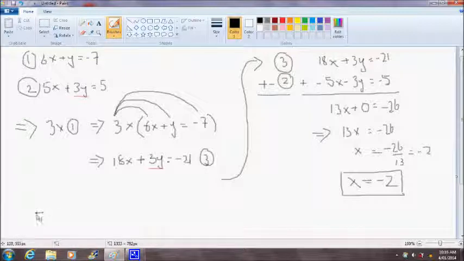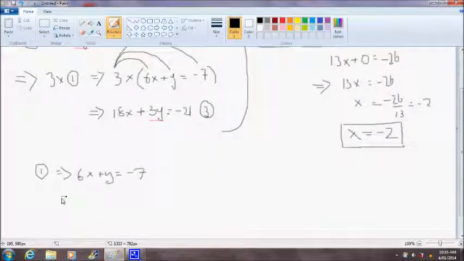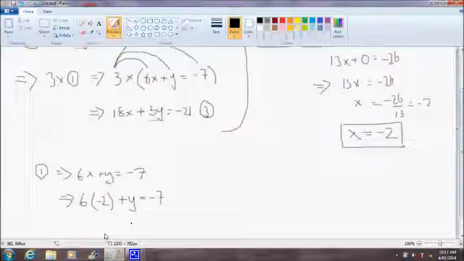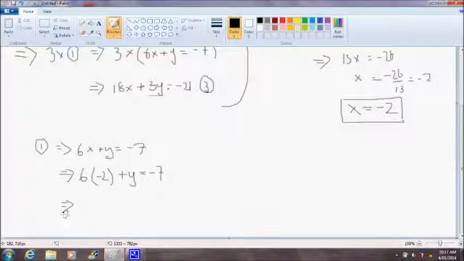So back in equation 1 we have 6x plus y equals negative 7, and x is equal to negative 2, so 6 times negative 2 plus y equals negative 7. 6 times negative 2 is negative 12, plus y equals negative 7.